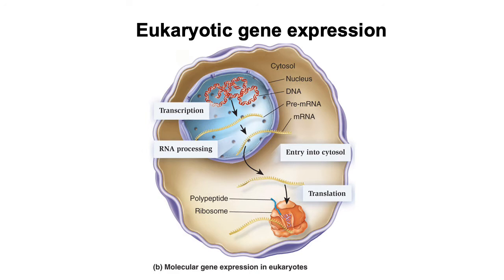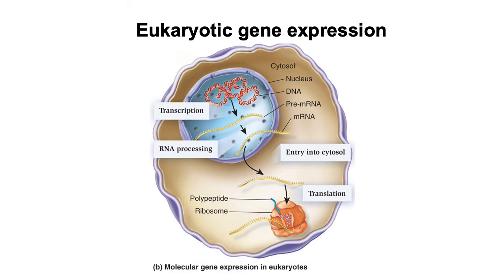So this slide shows eukaryotic gene expression. And again, remember, all the DNA is inside the nucleus. And that whole process that I showed in the previous slide of transcribing the genes into messenger RNA, all of that occurs inside the nucleus. So we have transcription from DNA to RNA.